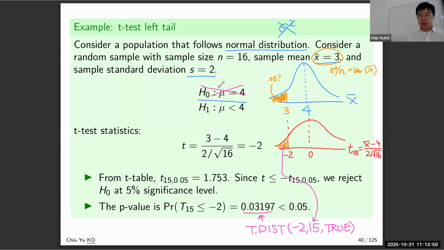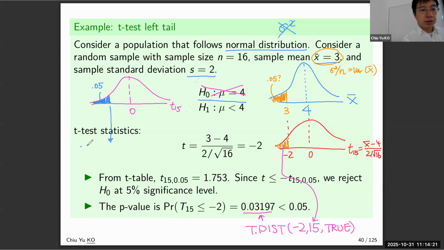And this is the p-value method. Again, you can do the critical value method. T15, 0 here. You want this area, I should add the color. This area here is 5%. What is the value?